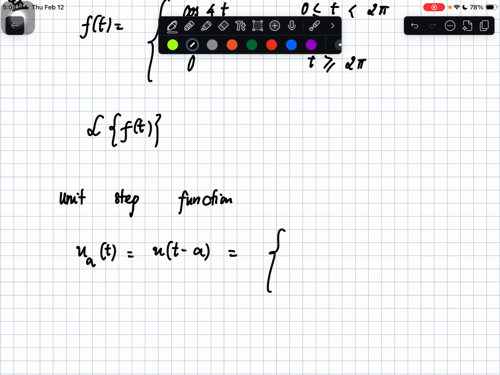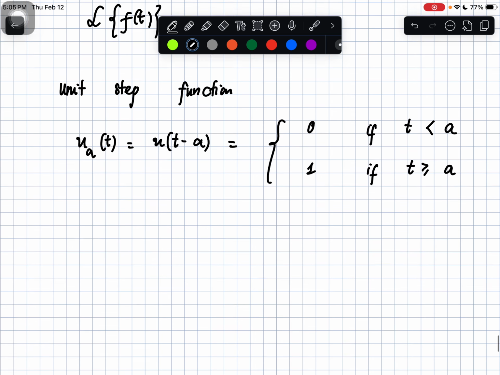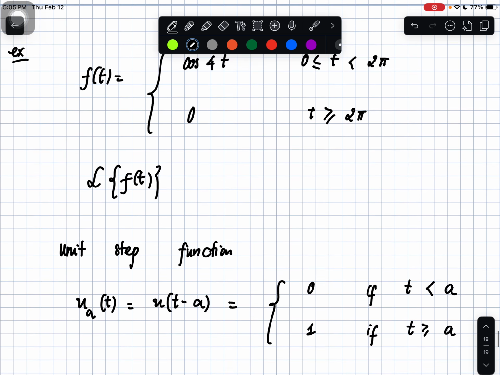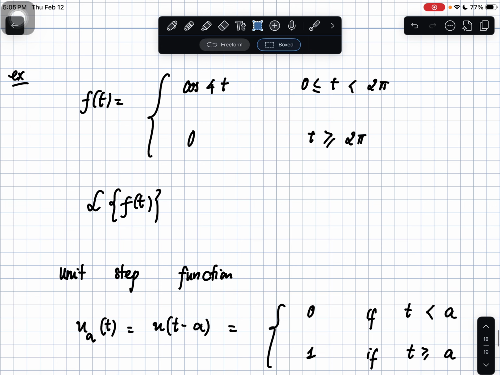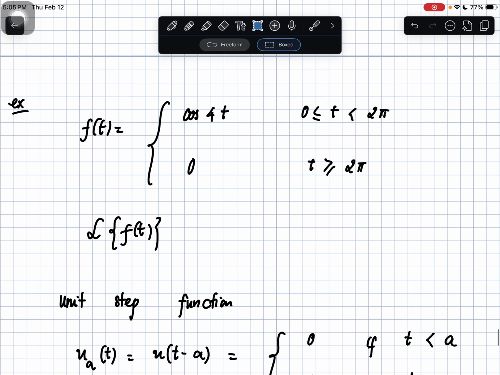What it does is it sends everything to 0 if the term is less than a, and when the term is at least a, we have 1. Using this, we can write f(t) in just one formula.